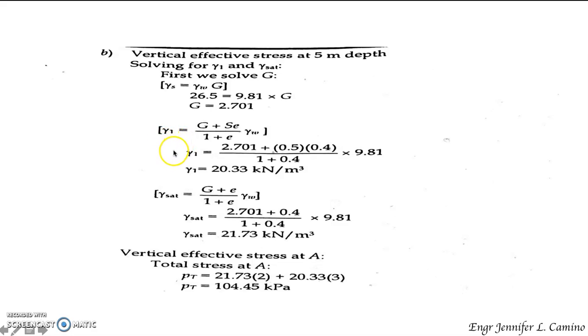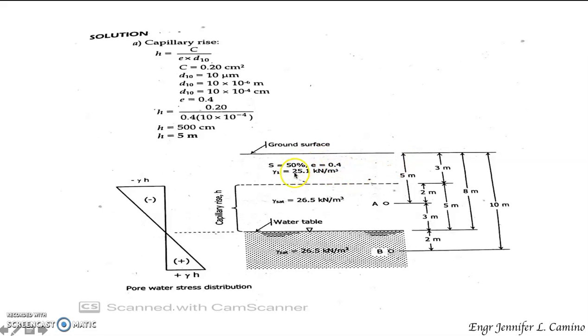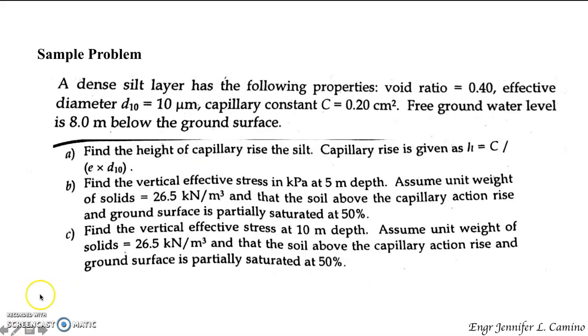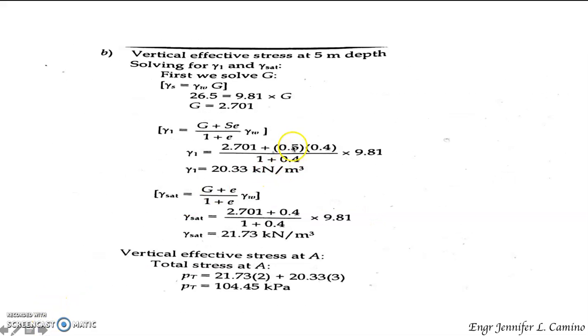So we try to get now the unit weight of the unsaturated soil. Unsaturated is this portion. That is equal to this equation. We have the specific gravity now, the degree of saturation, where e is the void ratio, and the unit weight of the water. Our degree of saturation is partially saturated at 50%, so basically that is 0.5.